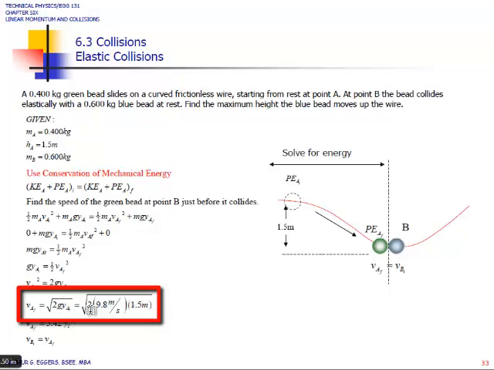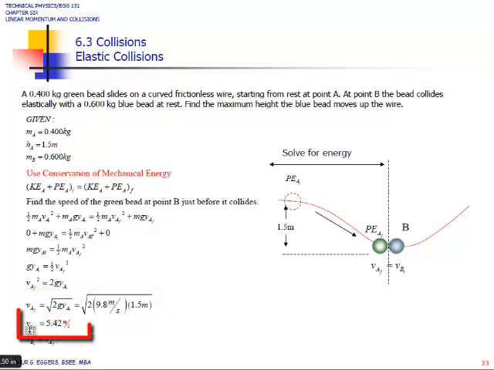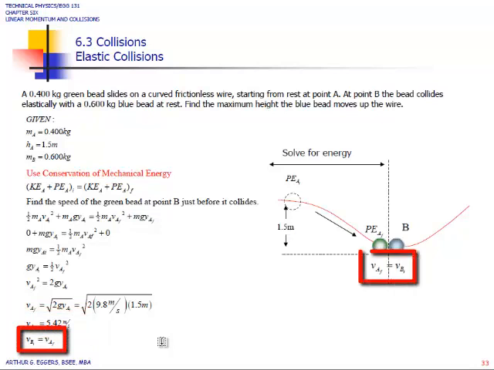We can put them under the radical, solve, and we end up with a velocity A final of 5.42 meters per second. So at this point, that becomes the initial velocity of bead A going into the collision with bead B.